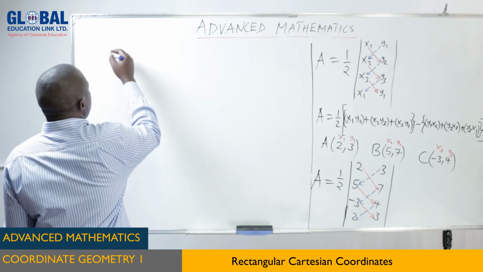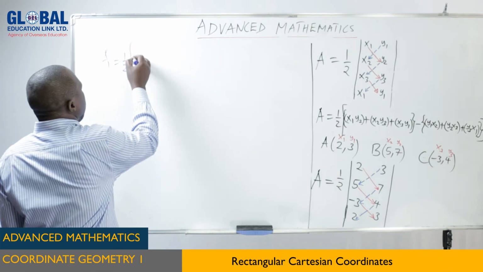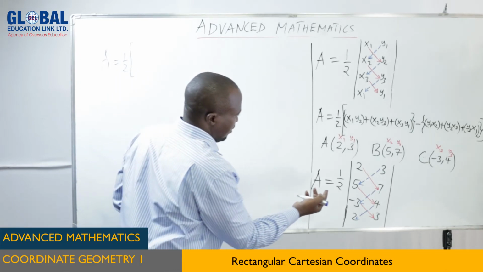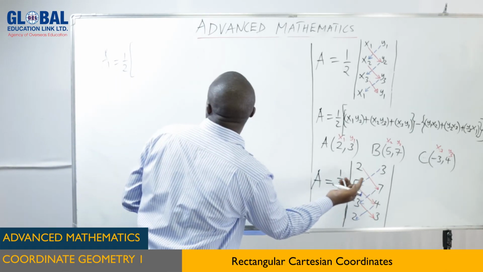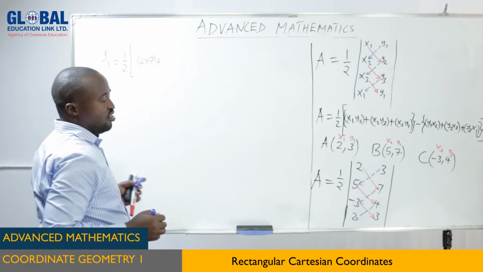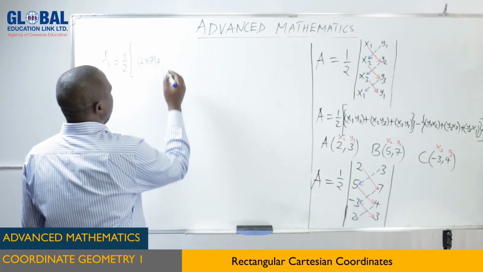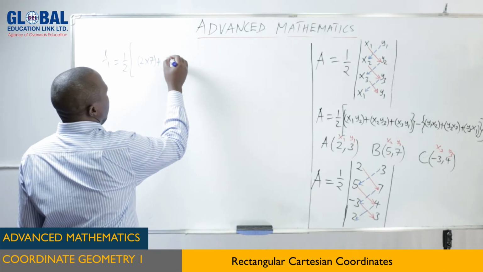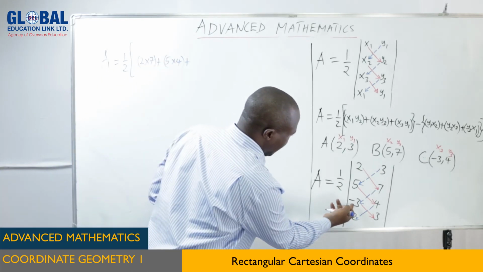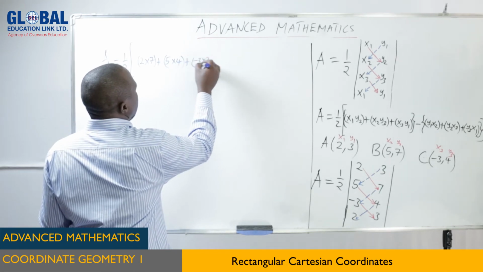So remember, area, that is A, is equal to a half bracket of, starting with red arrows, that is 2 times 7, followed by 5 times 4, plus the last one, negative 3 times 3.